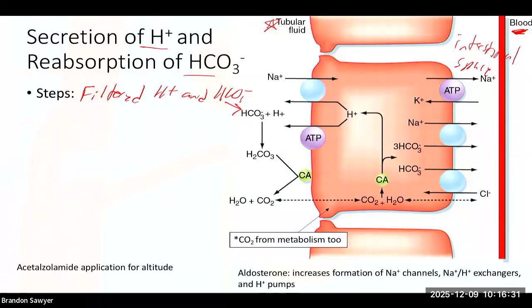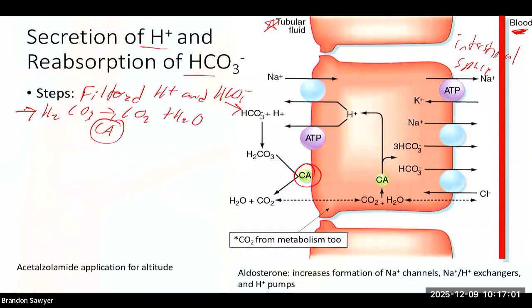And so we're going to have them combine with the help of carbonic anhydrase here. We can see that here, right? First of all, we make carbonic acid, H2CO3, and then that's going to dissociate into CO2 and water, right? This is where the carbonic anhydrase helps, as we can see happening right there, okay?